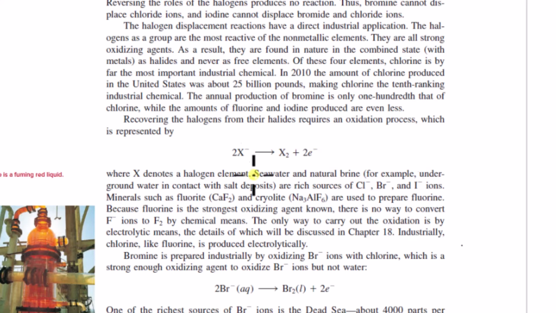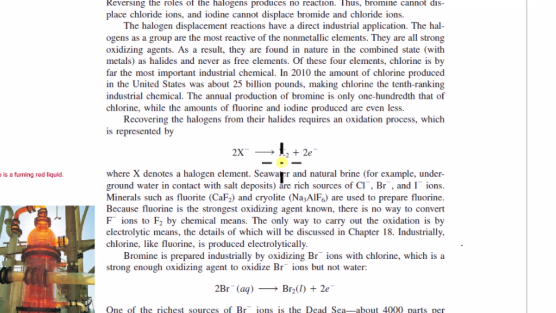And so the oxidation half reaction for extracting a halogen from a salt would be: you've got two halide ions. X is any halogen or halide. Those two halide ions each give up a single electron, so you have two electrons, and then the neutral halogen atoms bond together to form X2, like F2, Cl2, Br2, I2, which is what you're wanting to get.